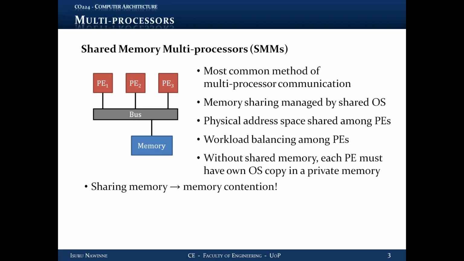So when a memory device and address space is shared between multiple processing elements, we come across an inherent issue here: memory contention. All these processing elements are trying to access the same memory device, right?